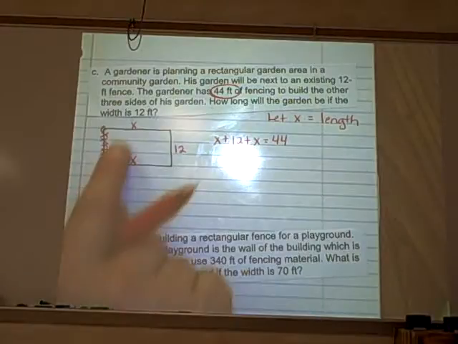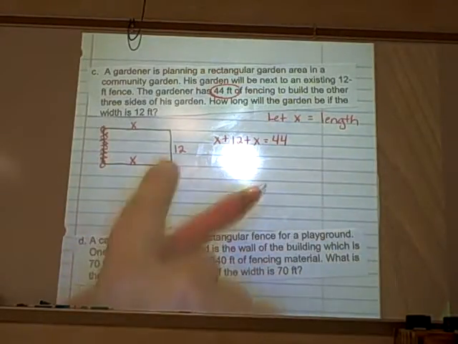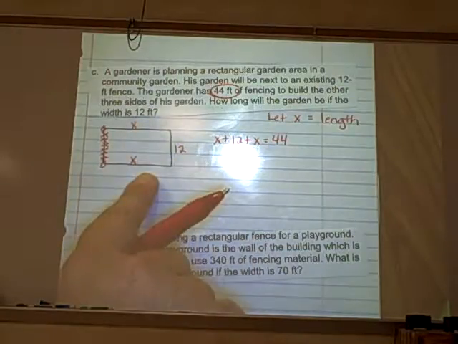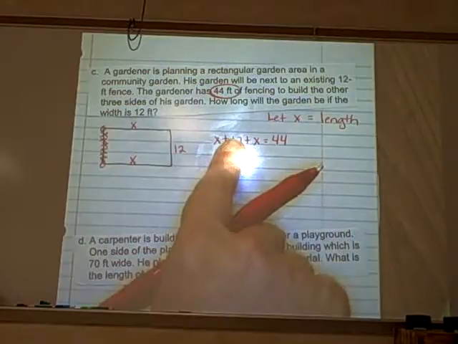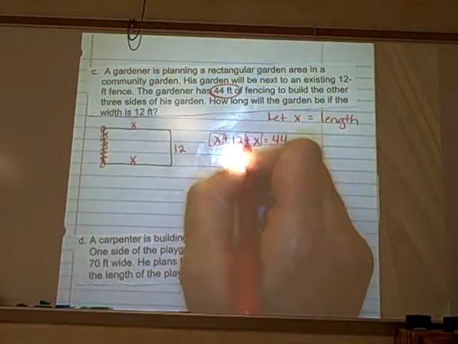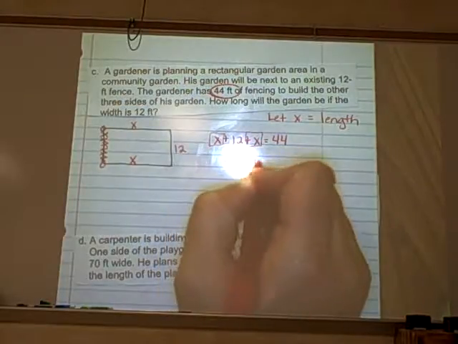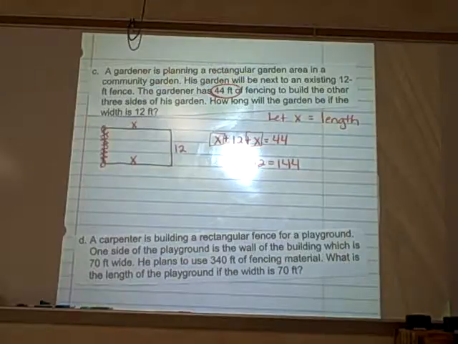Or you could just go ahead and write 2X plus 12 equals 44, because you could combine those two, couldn't you? If you can look at it and do that, that's fine. Or if you want to wait and do it over here, that's fine too. Either way, X plus X equals 2X, plus 12 equals 44, and you should be able to solve from there.